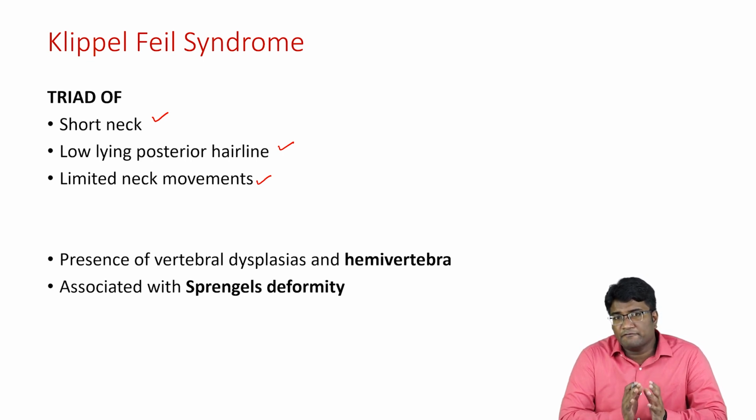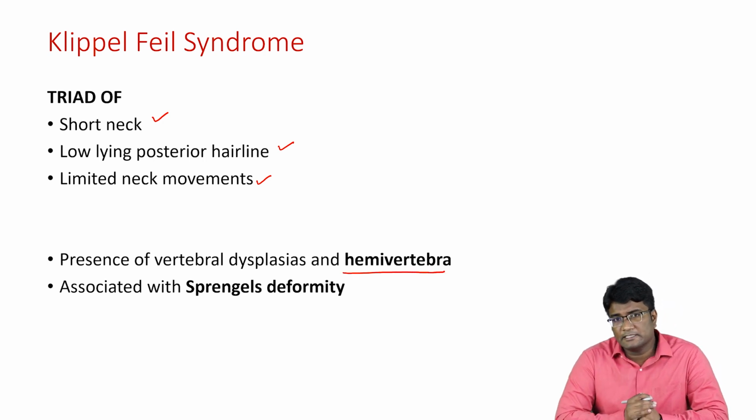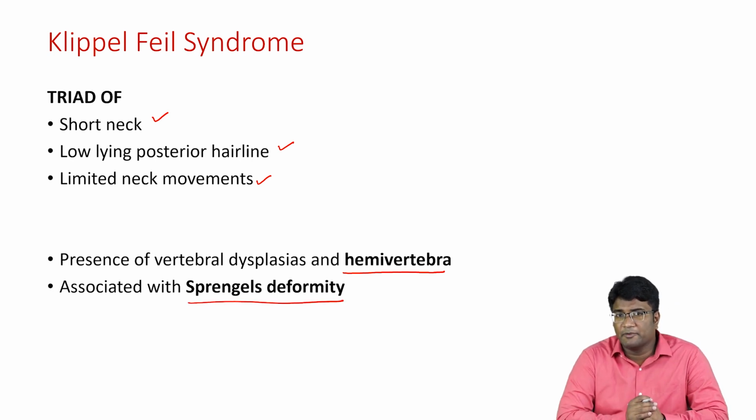These patients have fused cervical vertebra. There will be absent intervertebral disc space between the vertebral bodies. And also they are associated with vertebral dysplasias like hemivertebra, and do remember its association with Sprengel's deformity.